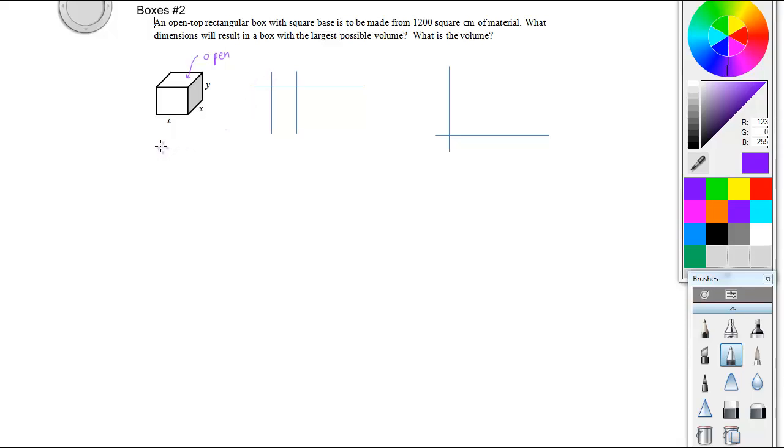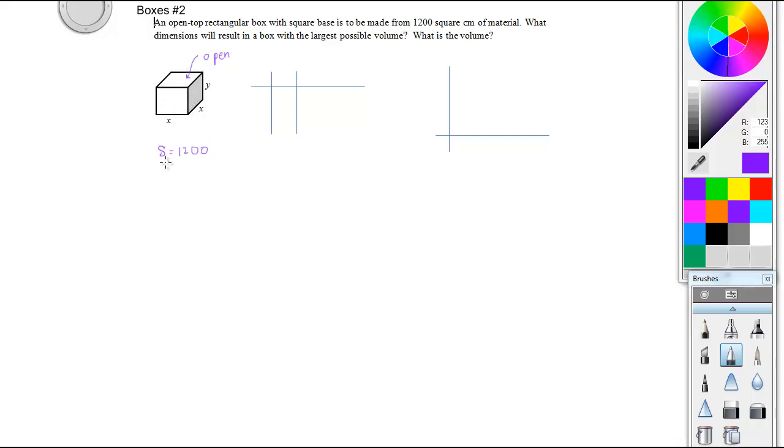So then that means that I know that the surface area, I'm going to use S for surface area, is equal to 1200 square centimeters. Then the total surface area of this shape is the total area of all 5 of the faces.